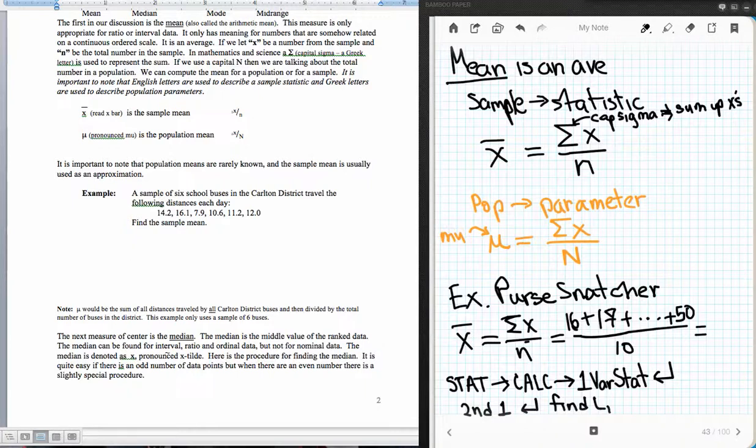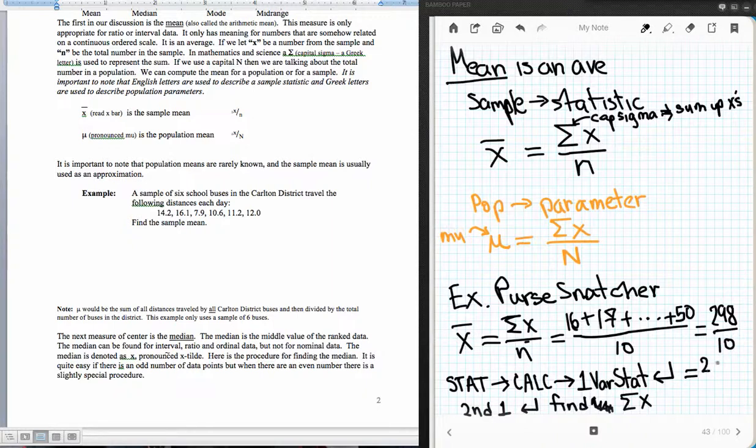hit return, and what I'm going to find is not L1. What I'm going to find here is actually the sum of the x's, and that will be the second thing listed. And the sum of the x's for this data set is 298. Yes, 298. And then I'm going to divide that by 10, and then I'm going to write it down.